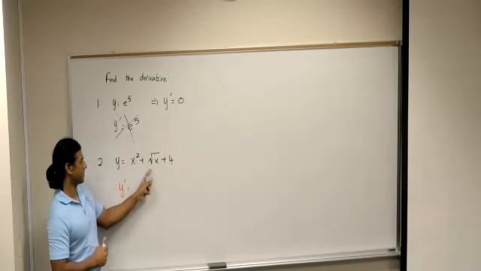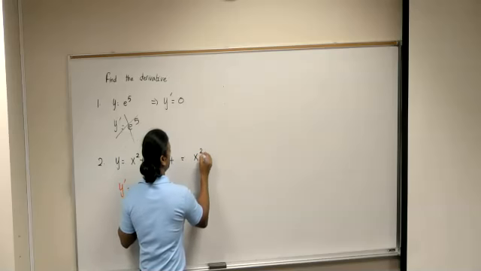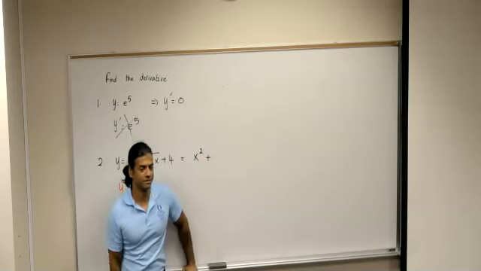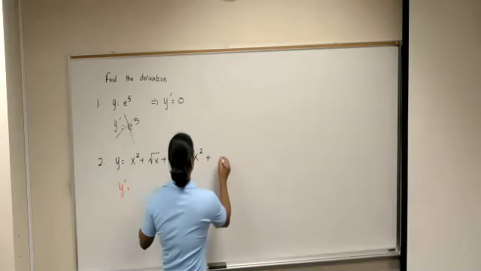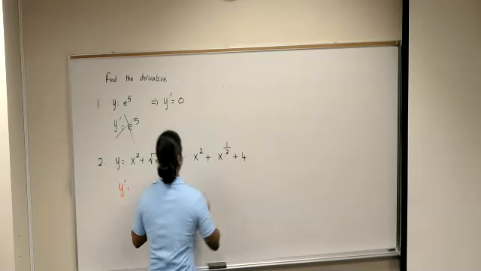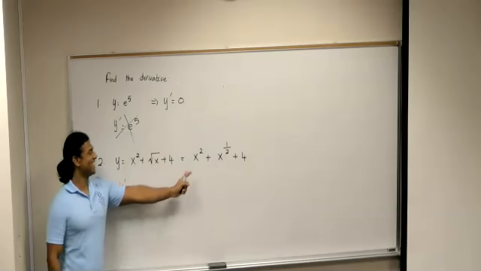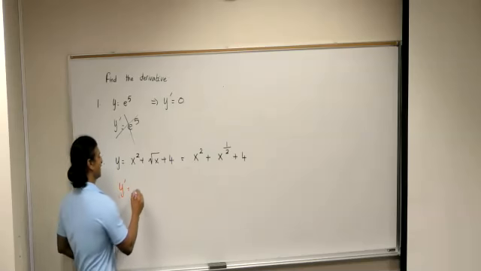Now, that is a radical. Anytime you see a radical, the first step should be to express it as x raised 1/2. Derivative of x squared is 2x.